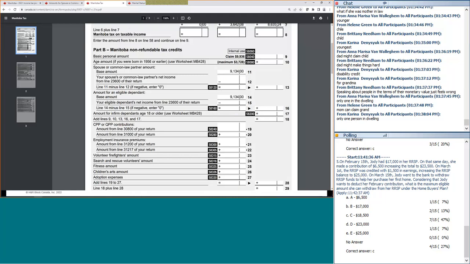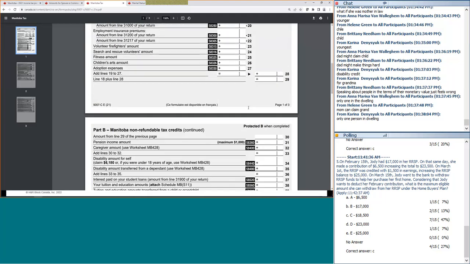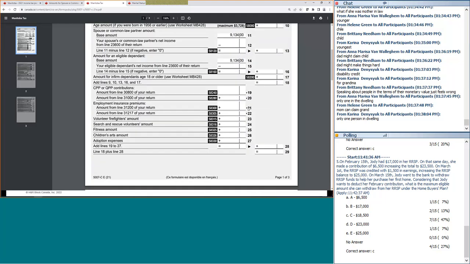Again, most of the time, their income will be less than $9,134, in which case you're good to go. If it's between $9,134 and $13,808, you might not get a provincial credit, but you might get the federal one. The rules for a spouse are the same. The rules for an eligible dependent are the same. That's the easy bit, the bit that most provinces do. We have a little bit more.